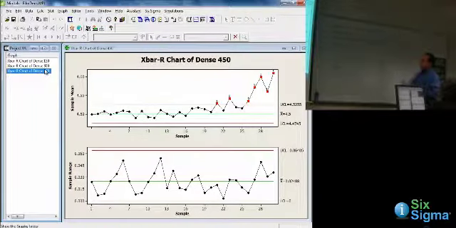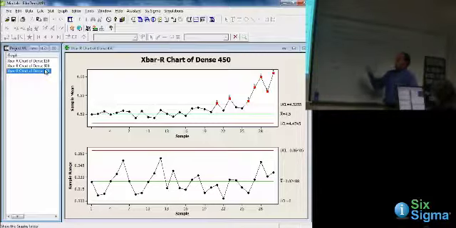Now, every now and then there will be special causes that produce changes that are not what you would expect, and that's what we call special cause variation. The purpose of a control chart is to assess whether or not the process is stable, in statistical control, and when it's not, to identify where special causes may exist.